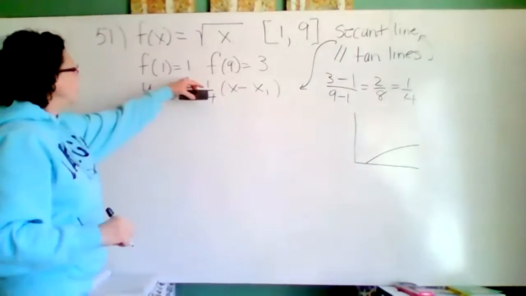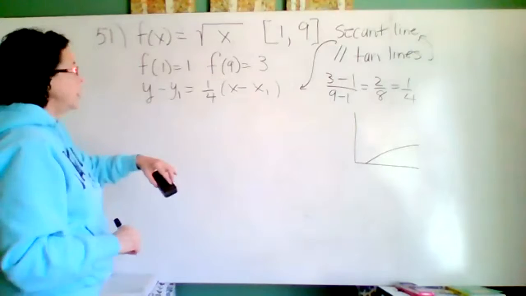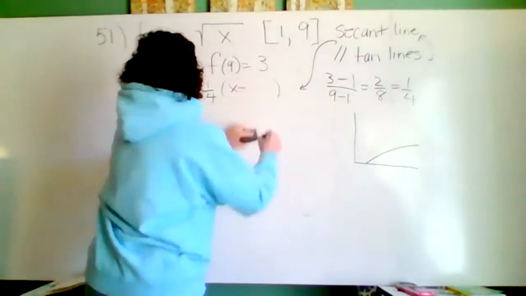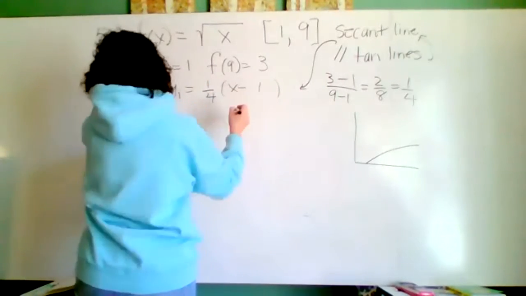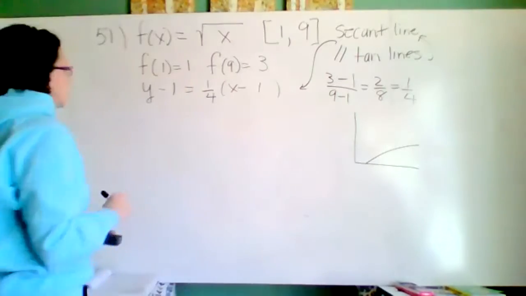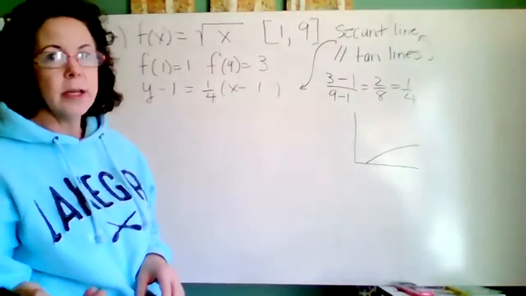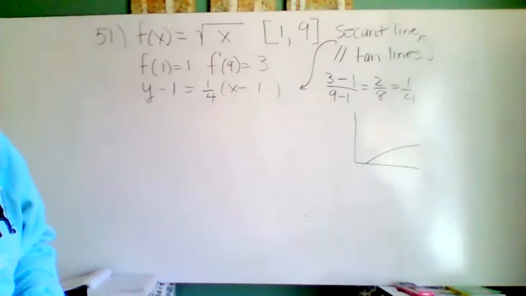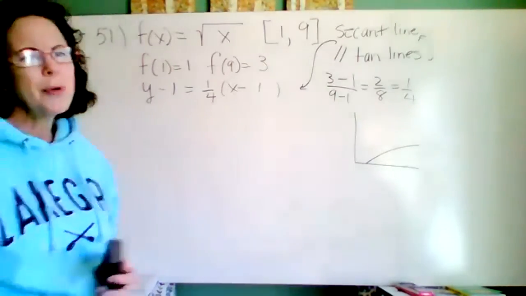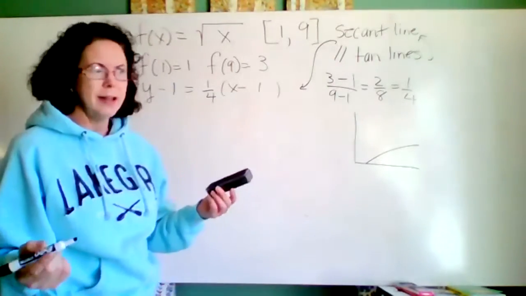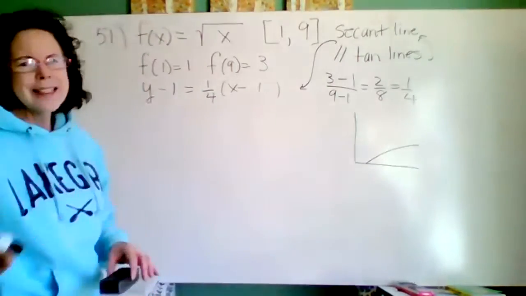And I can pick either the first point or the second point to put in. I'll pick the first one, (1, 1). So that's actually the equation of the secant line. But for you to graph it, I'm pretty sure they put the answer in y equals mx plus b. It's not necessary.